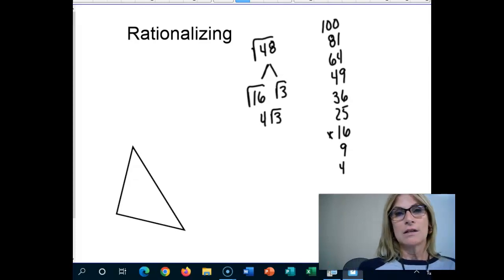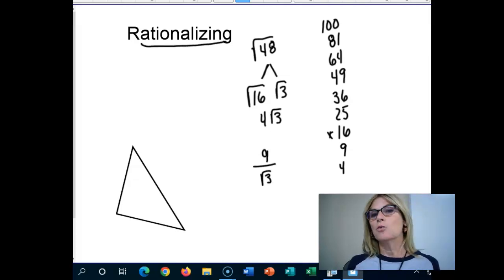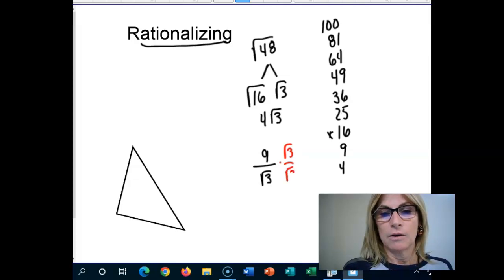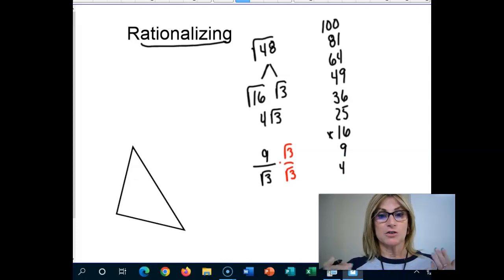Okay, so suppose you had a problem that gave you an answer of 9 over root 3, and they want us to rationalize, and you're rationalizing the denominator. So looking at our denominator, it is root 3, so we are going to multiply by root 3 over root 3. Anything divided by itself is just 1.